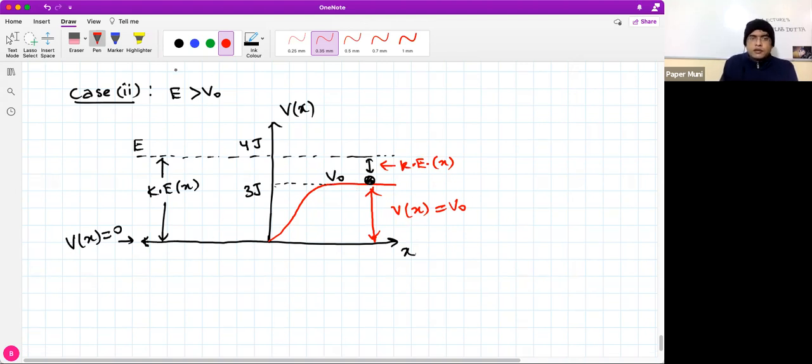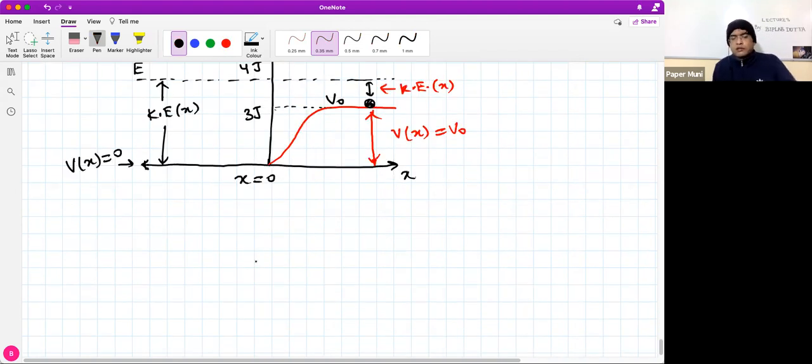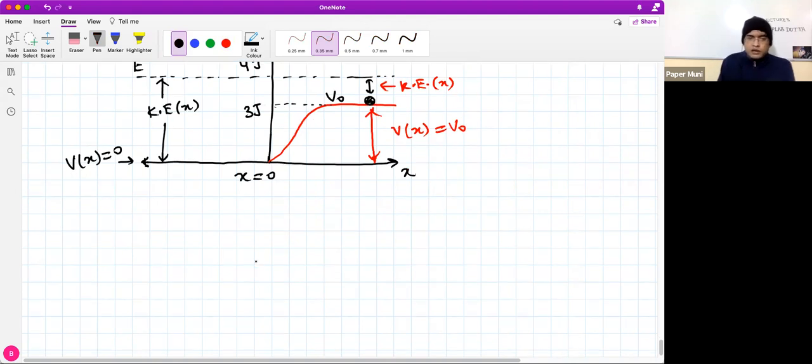Now whatever we are discussing is completely classical. There's no quantum mechanical part here. But the terms which we'll be using are the same, the reflection part and the transmission part.